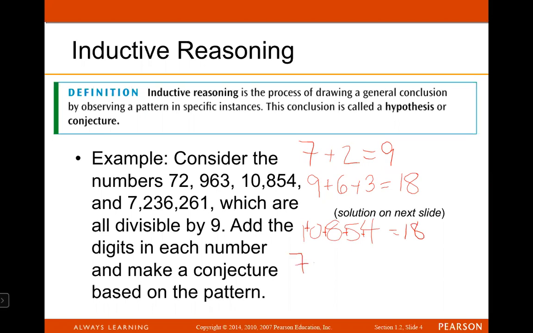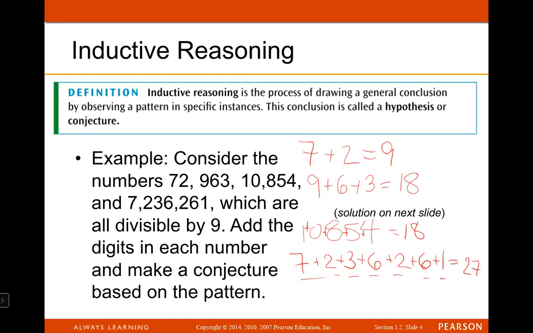And 7 plus 2 plus 3 plus 6 plus 2 plus 6 plus 1 is 27. 27 is divisible by 9.